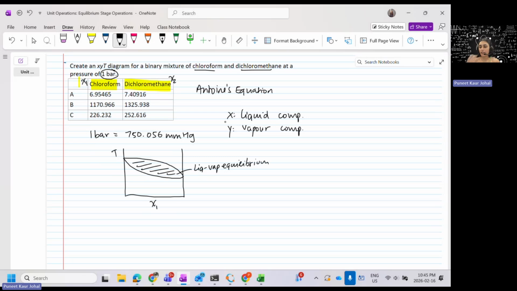We have nothing to really start with except that there is a pressure of 1 bar that's constant. And then the only other thing that we know is the ABC values. If these are not given to you, you can search them up or refer to any unit operations handbook and you'll see these values over there.